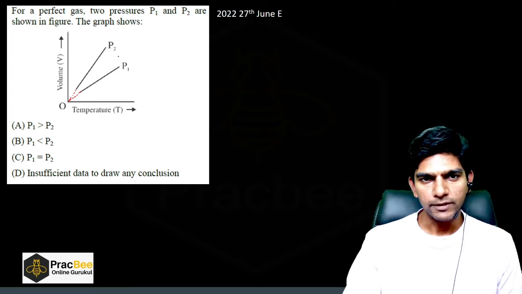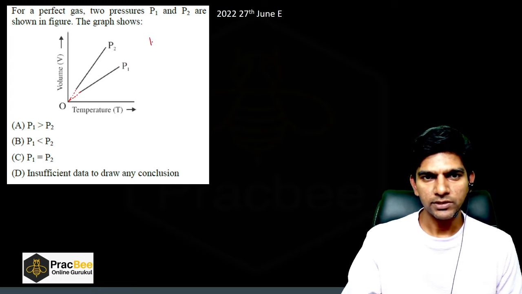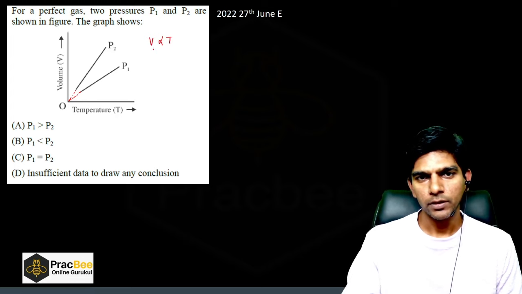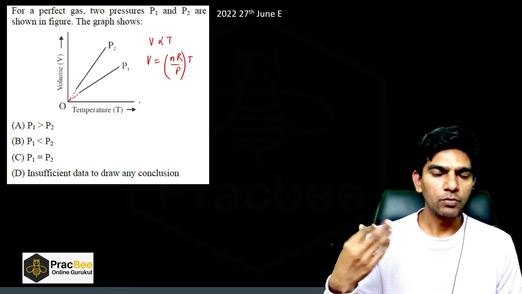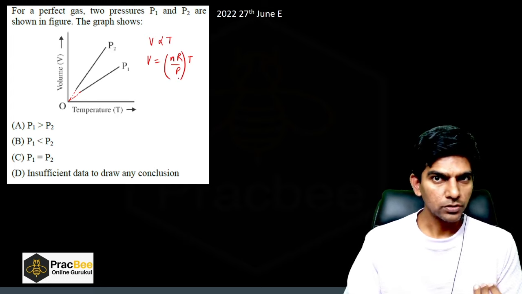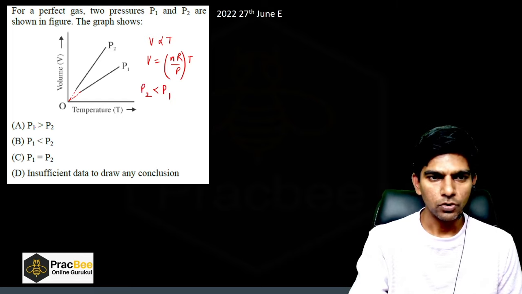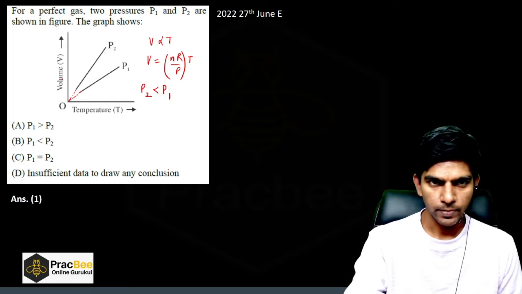In isobaric, pressure remains constant. So you can say volume is directly proportional to temperature, and we can say V equals nR by P times T. So for a given amount of gas, slope is inversely proportional to the pressure, so smaller the pressure, more will be the slope. So we can say P2 is less than P1. So option A is the right answer.